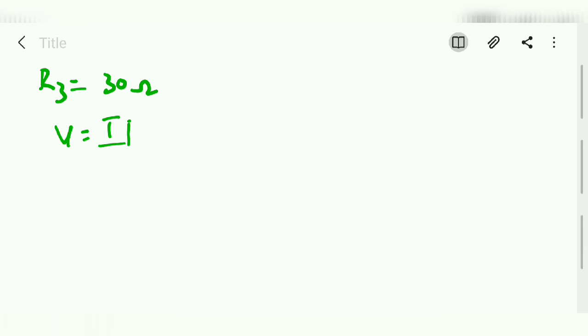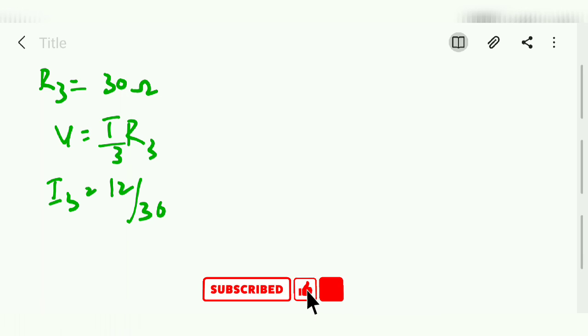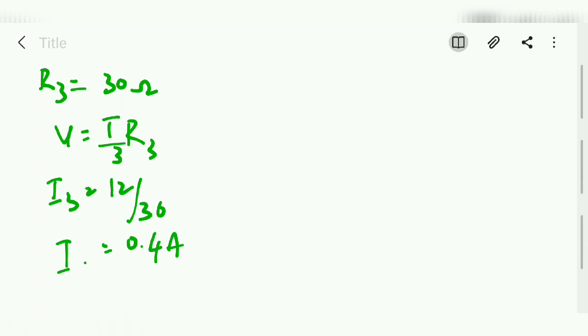V is equal to IR, so I3 is 12 by 30, which gives us 0.4 amps. So this was the first part of the question: find the current through each resistor. The current through R1 is 2.4 amps, through R2 is 1.2 amps, and through the third resistor is 0.4 amps.